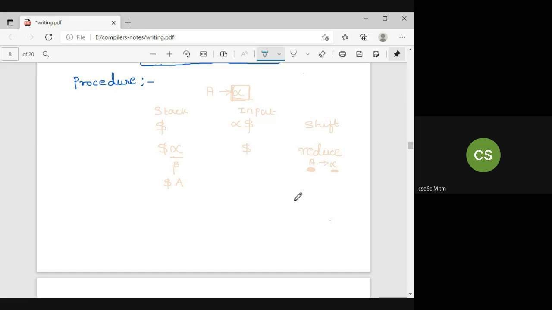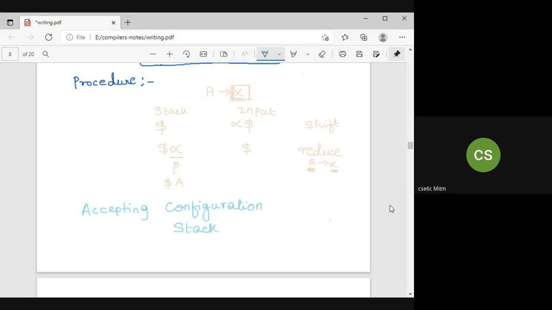When we have this configuration, we accept the input. So I'm going to write here the accepting configuration. So what is the accepting configuration?